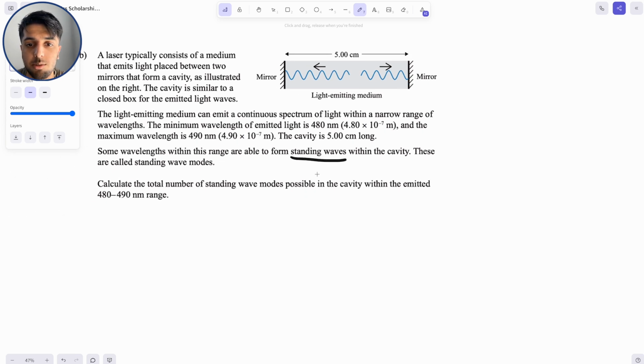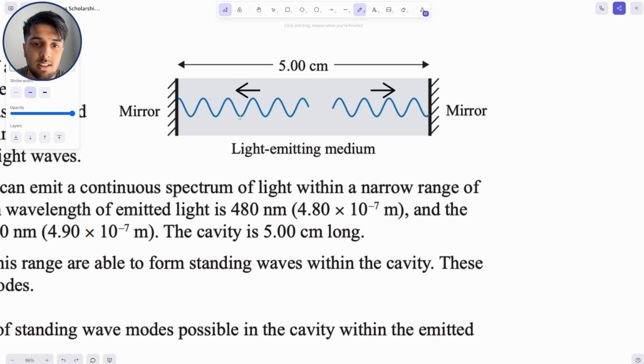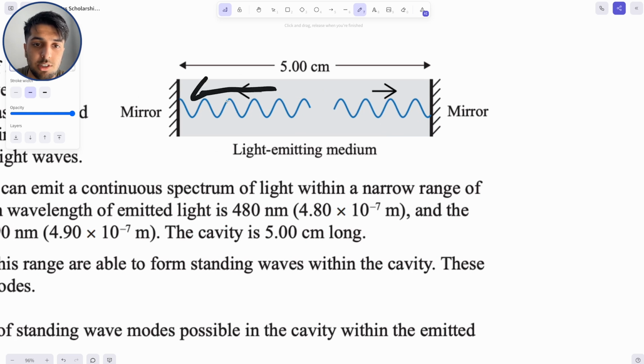And so we know we're dealing with standing waves. And so we have a mirror on this side and a mirror on this side. So when waves of light come this way, they hit the mirror and they go through a 180 degrees phase change and interact with itself upon its reflection. And so we get a standing wave.